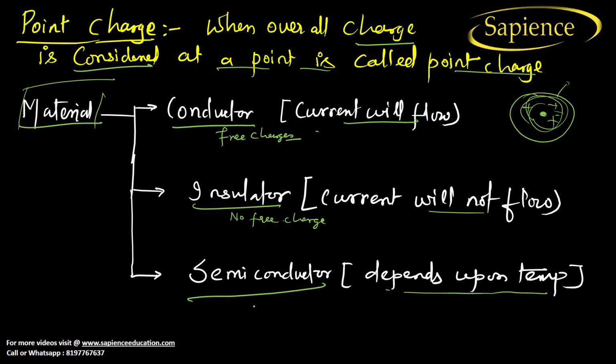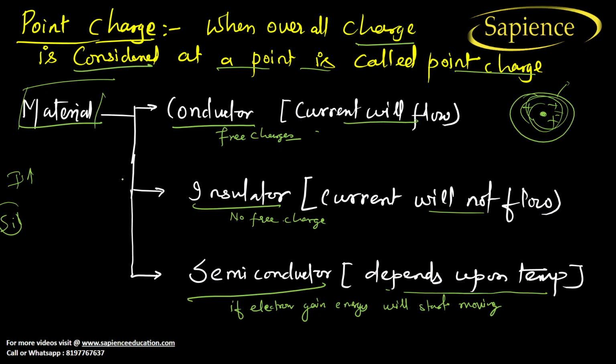And in a semiconductor, what happens if electrons gain energy? They will start moving. Silicon is the best example. In silicon, what happens if the temperature increases? There will be a flow of charges.